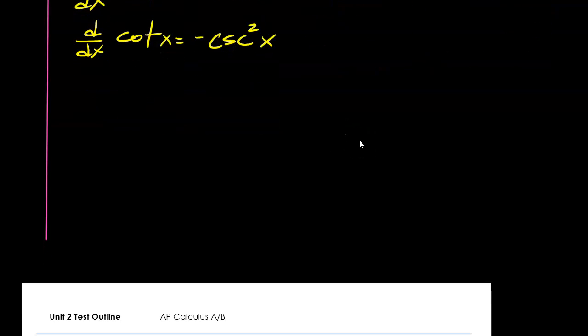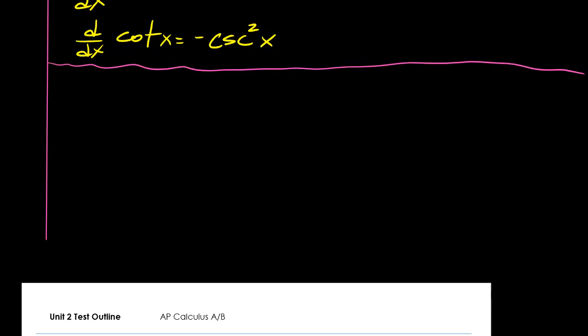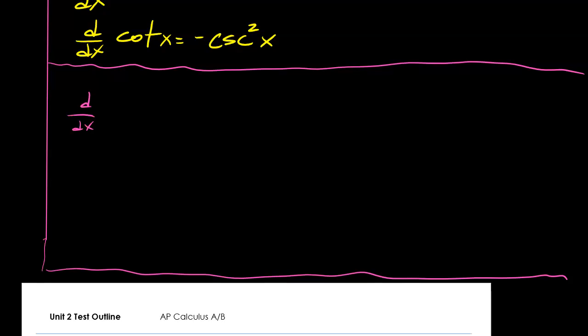Let's do a semi-difficult one as our example, because if I do a regular one, honestly, I don't think it's going to help anybody. So let's do a product rule.